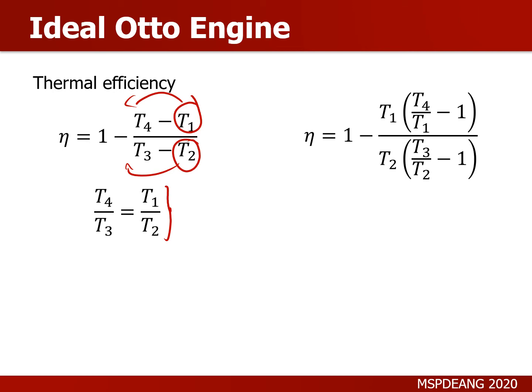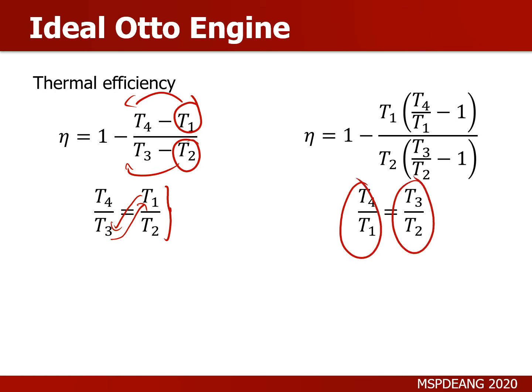As you can see, we can rearrange this such that T1 goes here and T3 goes up, so you get T4 over T1 equal to T3 over T2. If T4 over T1 is equal to T3 over T2, these two should now cancel. Therefore, the thermal efficiency is now equal to 1 minus T1 over T2.